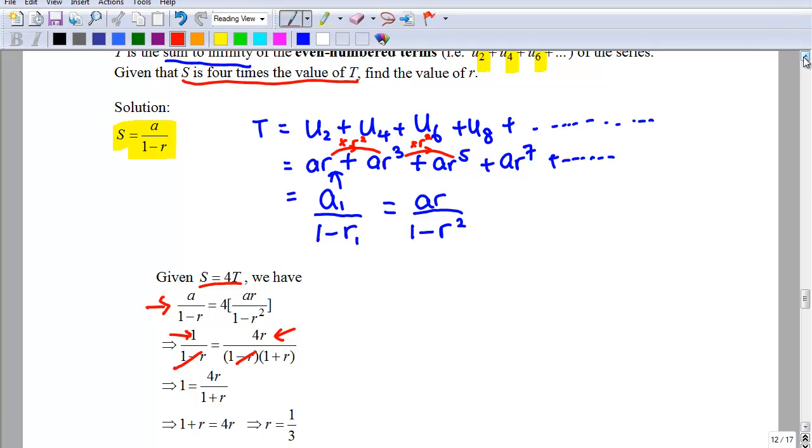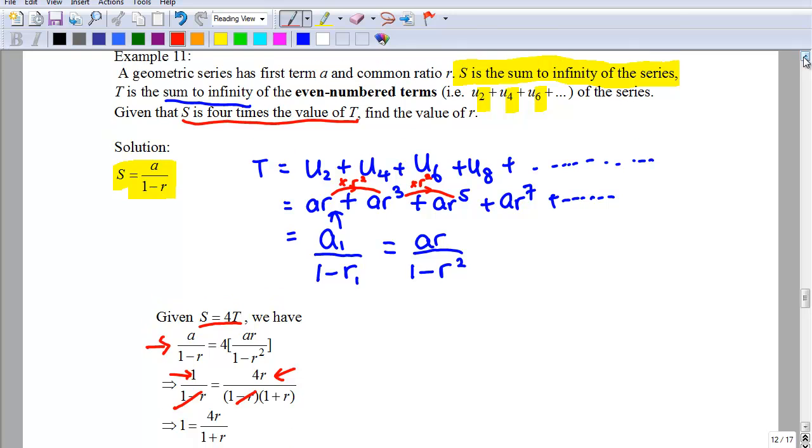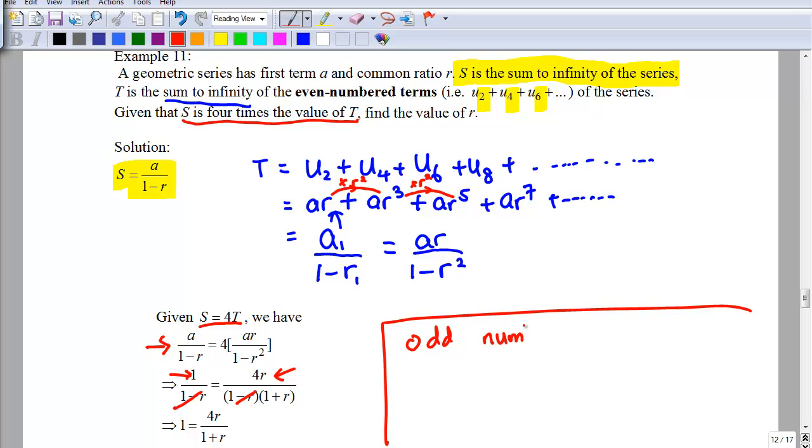So this example anchors on the meaning of even numbered terms. How about odd numbered terms? Odd numbered terms, as a side note here, you can guess that odd numbered terms will refer to the terms with odd positions, meaning the first term, the third term, the fifth term, the seventh term, and so on and so forth.